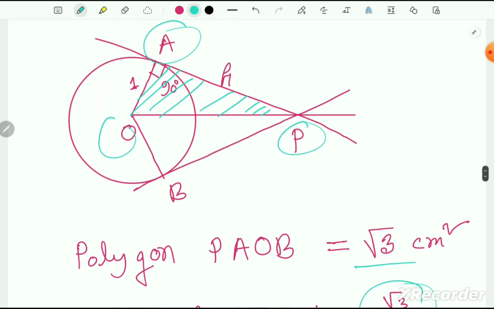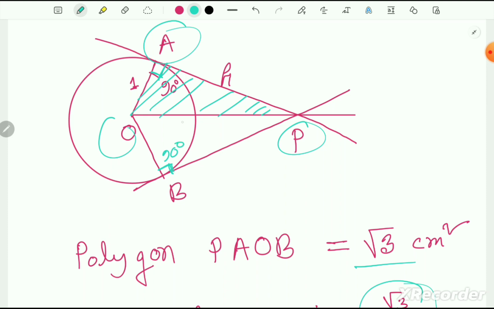Now from the properties of a tangent from a point located outside of a circle, we always know, if we draw a line from the center to the tangent point, then this angle becomes 90 degree. Tangent's angle becomes 90 degree.